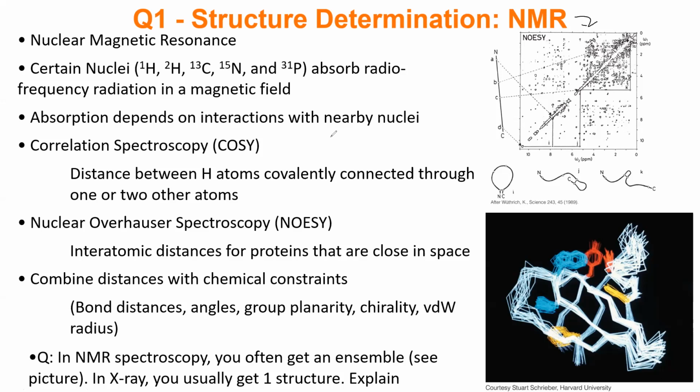Different nuclei will absorb this radio frequency: hydrogens, carbons, nitrogen, phosphorus. And you use a lot of different techniques, COSY, NOESY. Don't really worry about what is COSY, what is NOESY. It's there for completeness, but this isn't something that I would ask you a question on. But really, you're just using NMR and different chemical constraints.